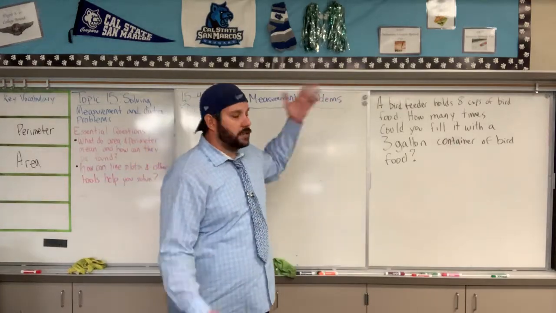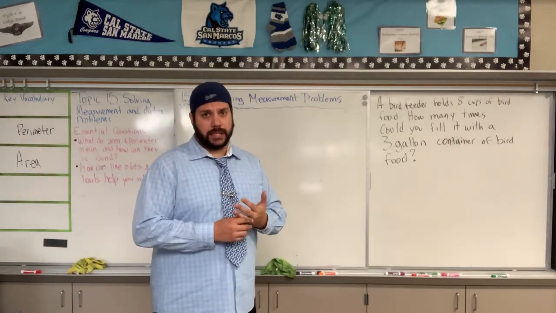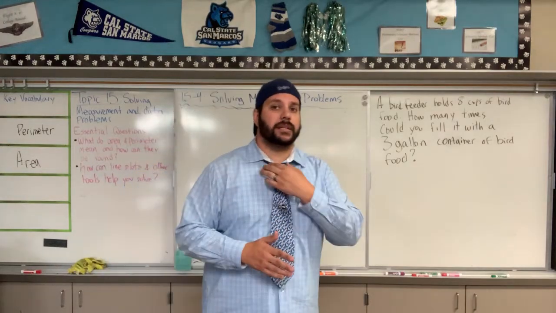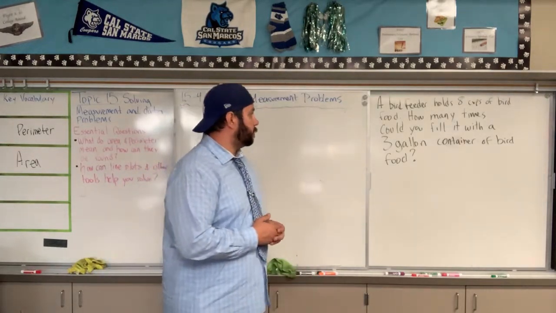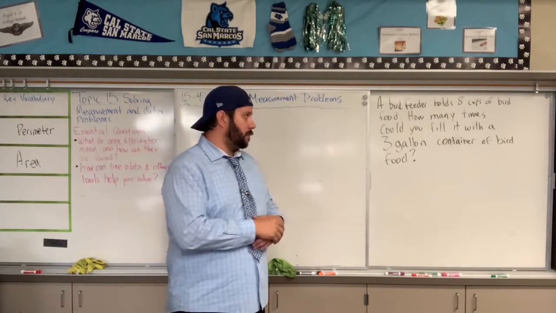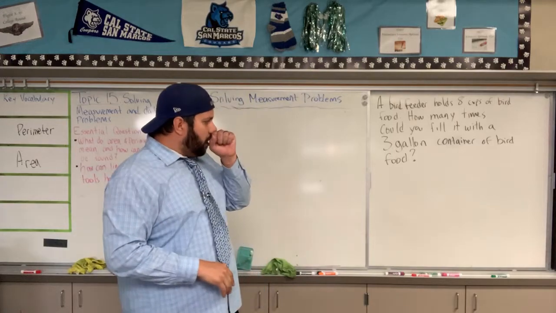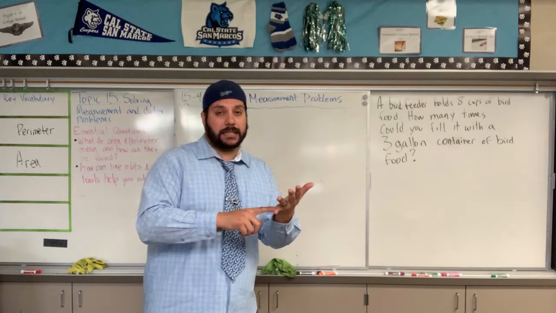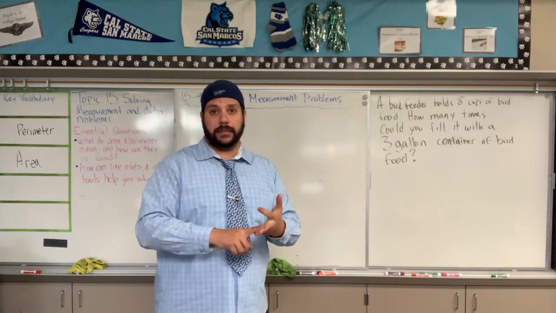I want to look at, first of all, what type of unit are we using? Are we using metric or are we using customary? Well, it's cups and gallons, so that already tells me it's customary, imperial, whatever you want to call it. And then what type of unit is it? Capacity, weight, or length?